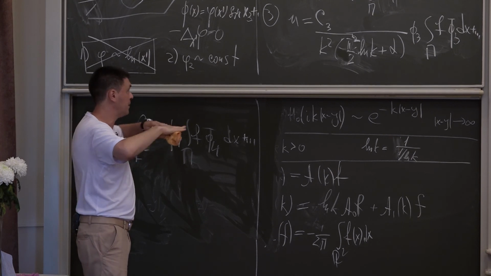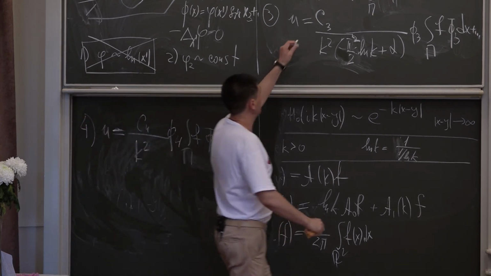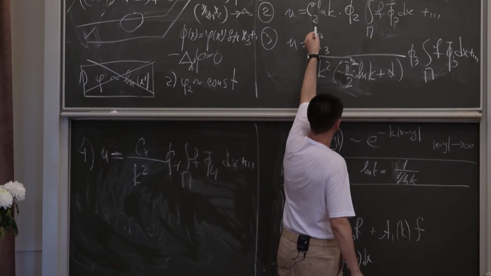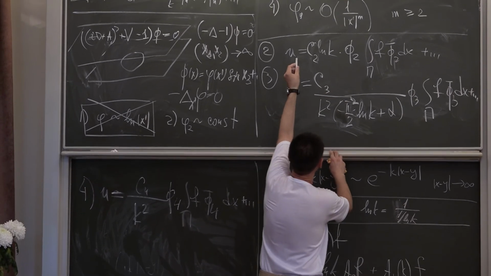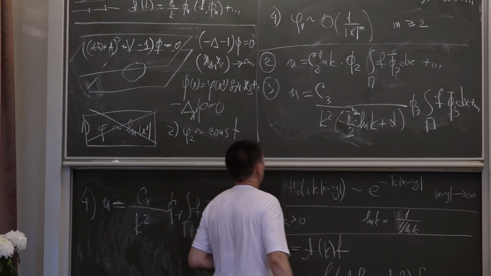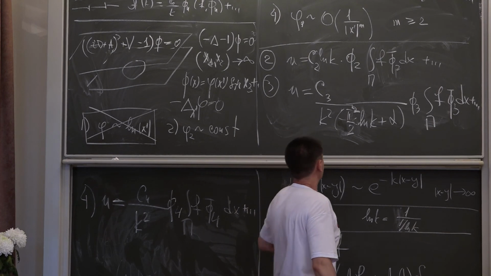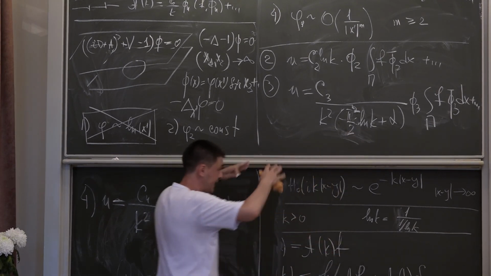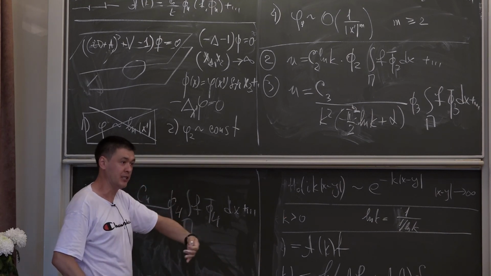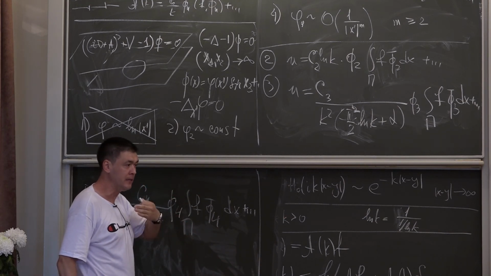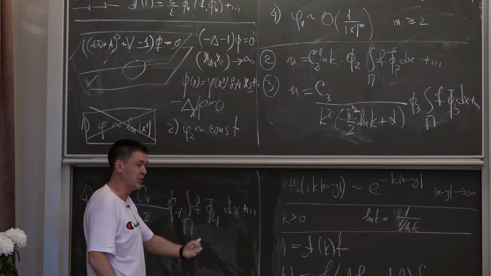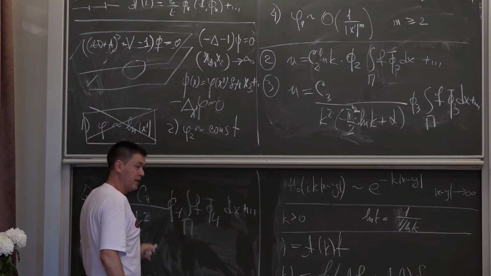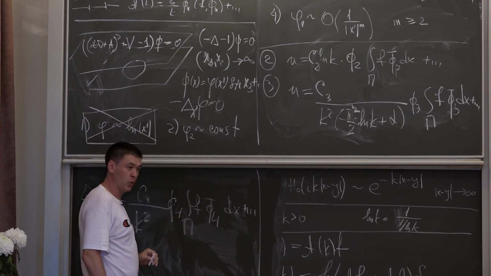If the solution is bounded at infinity, it produces a logarithm. If it is weakly decaying, then it's k squared times logarithm. And if it decays quite fast, so that it's inside L2, if we are in the case of having an embedded eigenvalue, then it's just 1 over k squared.